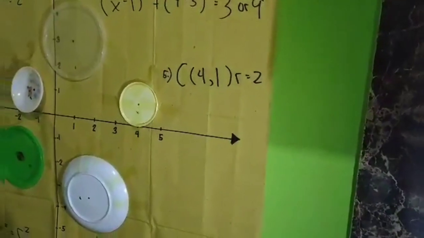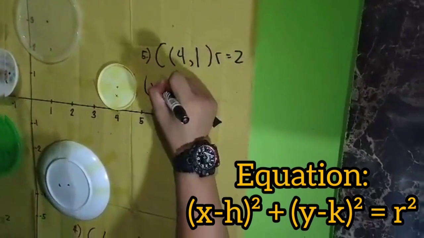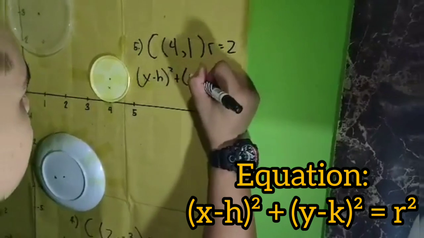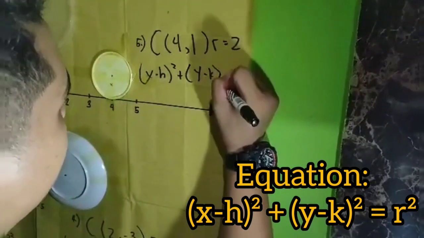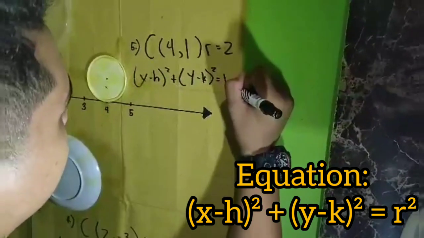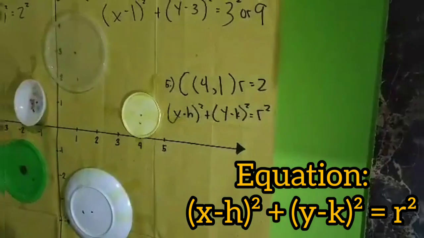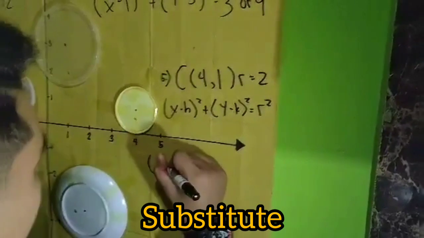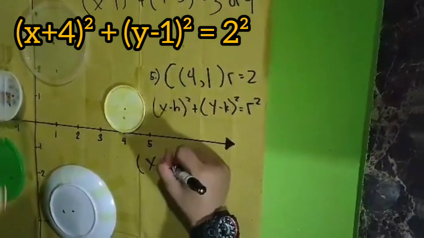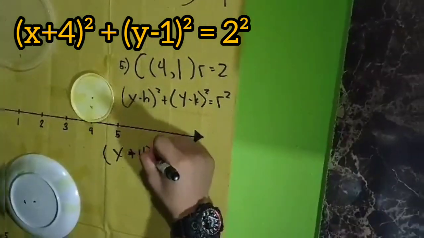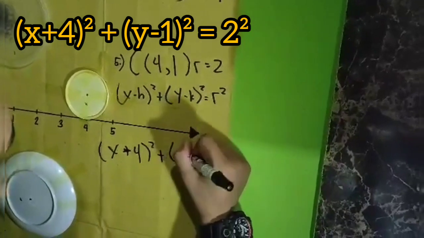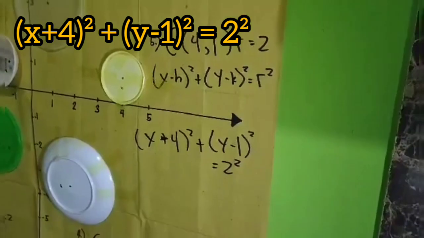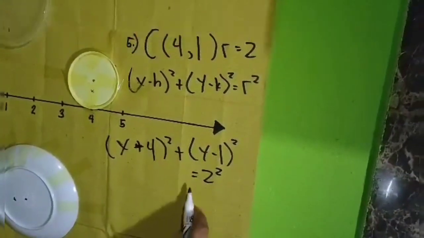The equation is x minus h squared plus y minus k squared equals r squared. Substitute the center and the radius. X minus... plus y minus 1 equals 2 squared.